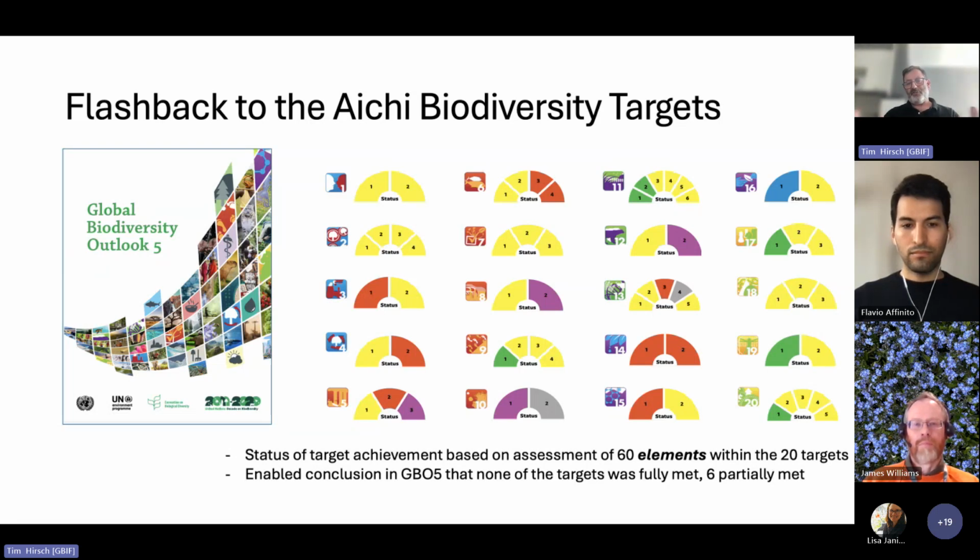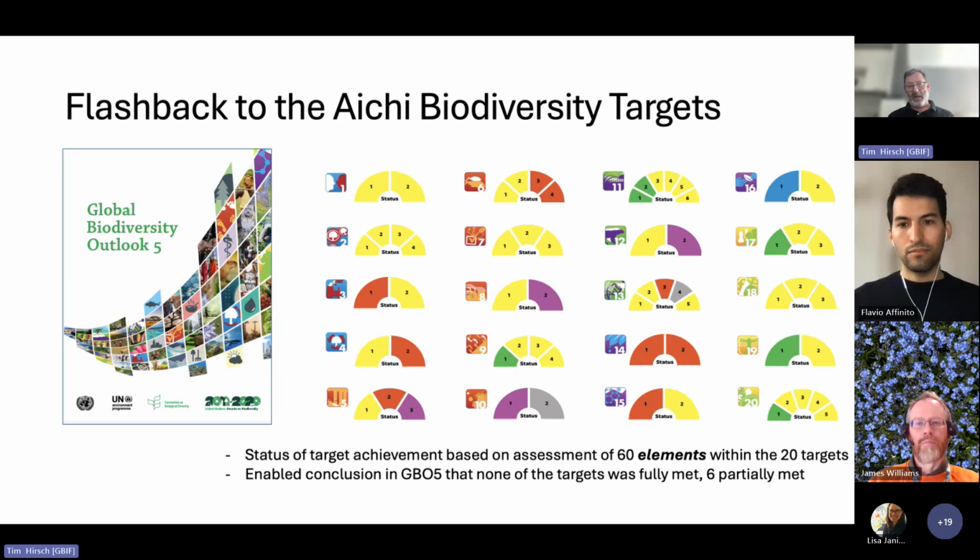And it was this division up into the elements that enabled the final conclusion of GBO5, which was that none of the 20 targets could be said to have been fully achieved, and 6 were partially achieved. And the definition of that was that for a target to have been fully achieved, it would have to be completely green. And for a target to be partially achieved or partially met, at least one of those segments, one of those elements needed to be green or blue for overachievement.